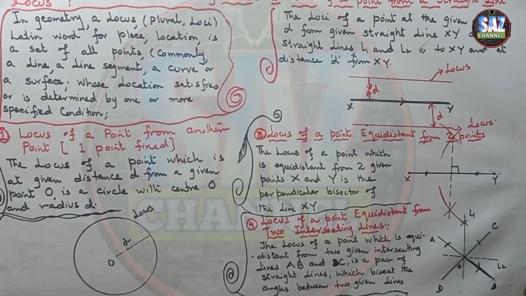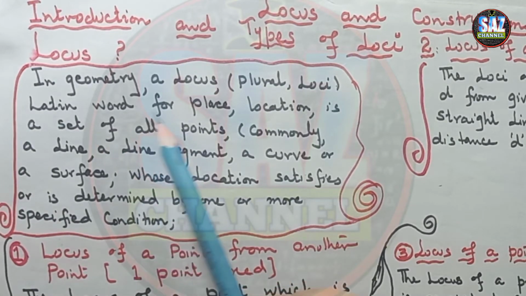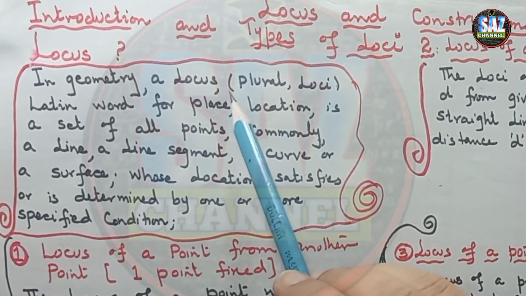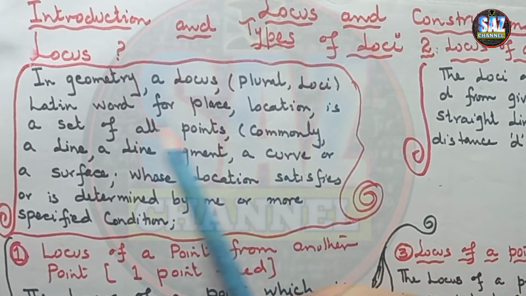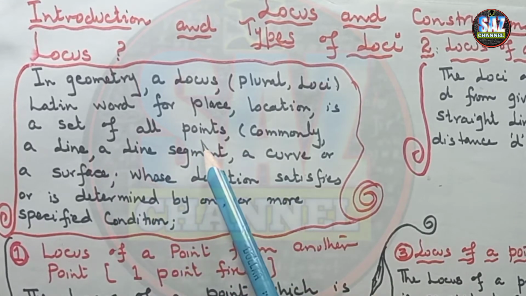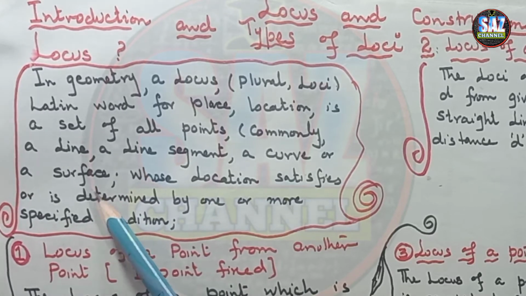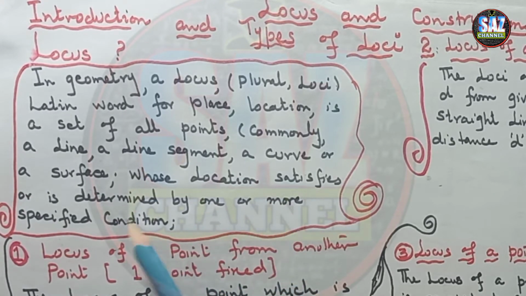The first thing we have to understand is what the locus is, what the meaning of the term locus is, and how many types of loci there are. Locus in geometry, the plural of locus is loci, is a Latin word for place or location. It is a set of all points, commonly a line segment, a curve, or a surface, whose location satisfies or is determined by one or more specified conditions.